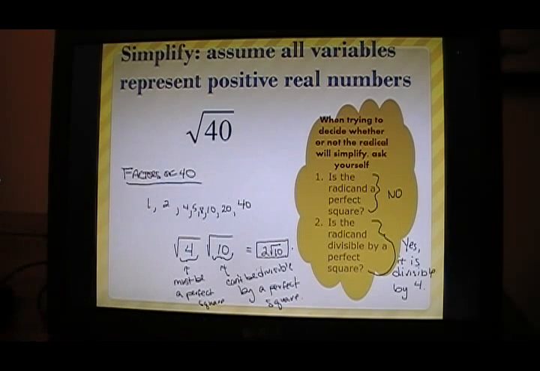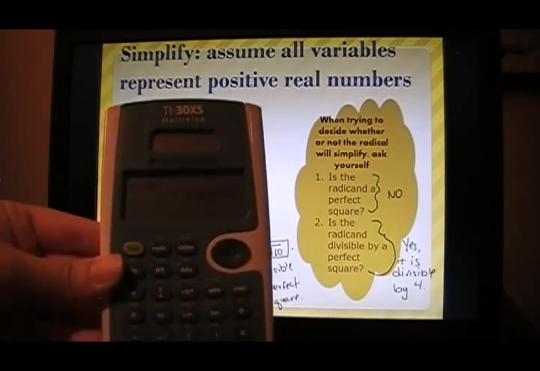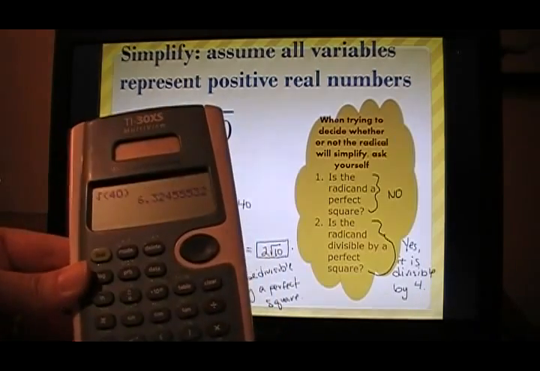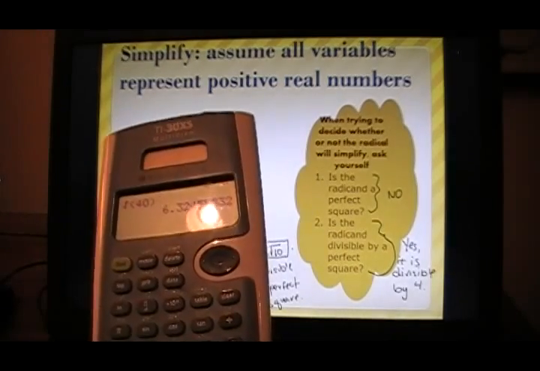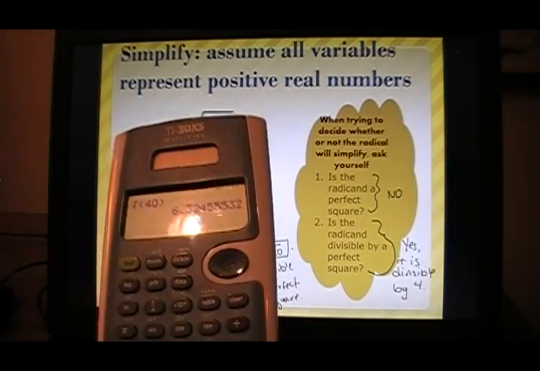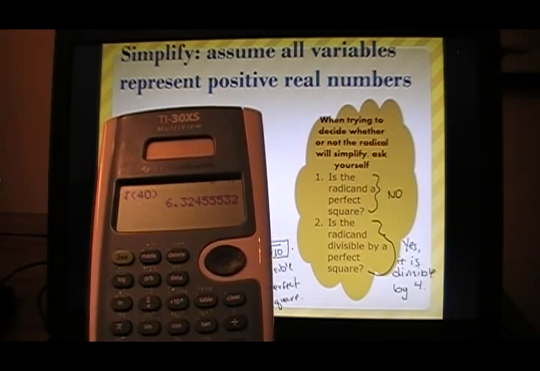If you do some calculations on your calculator, and I'm going to stick with decimals here, I'll show you that if I type in the square root of 40 into my calculator, it gives me 6.32455 and so on.